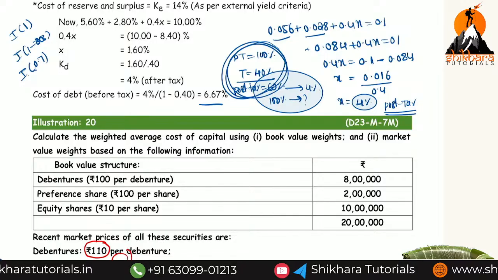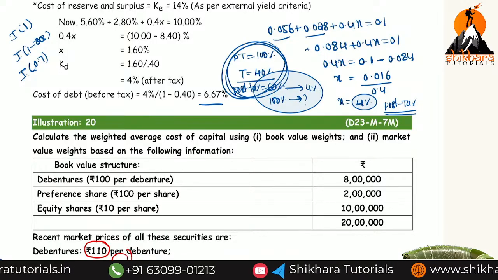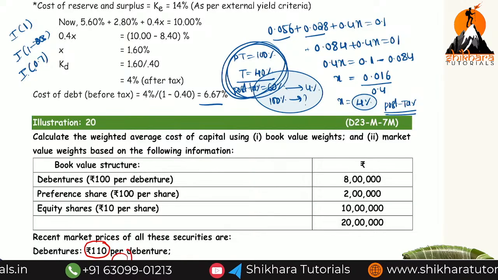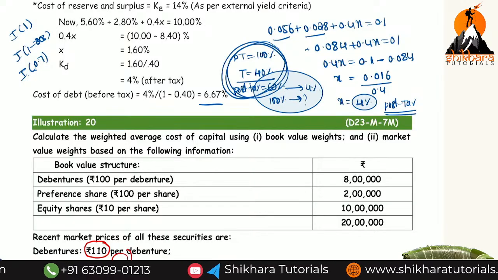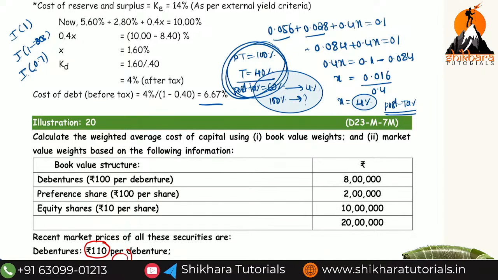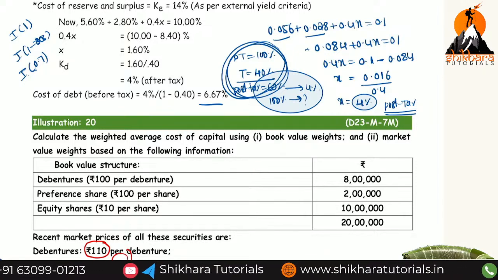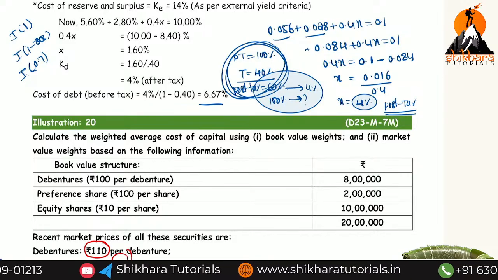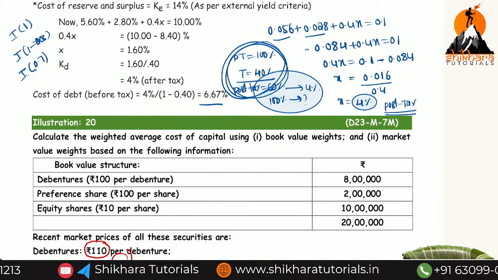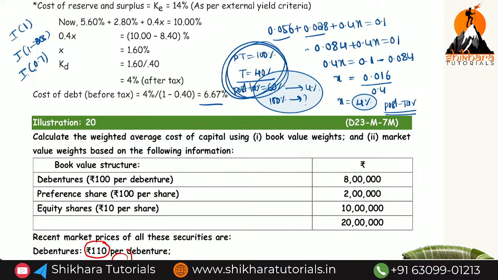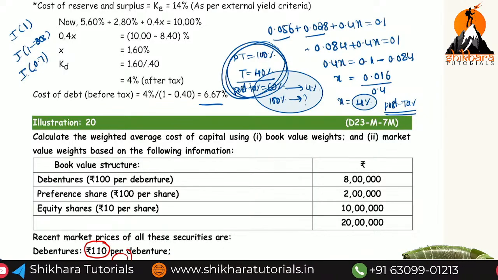KD, okay, no problem. You can calculate KD, KP, KE, whatever you want. What about D1? D1 or D0?